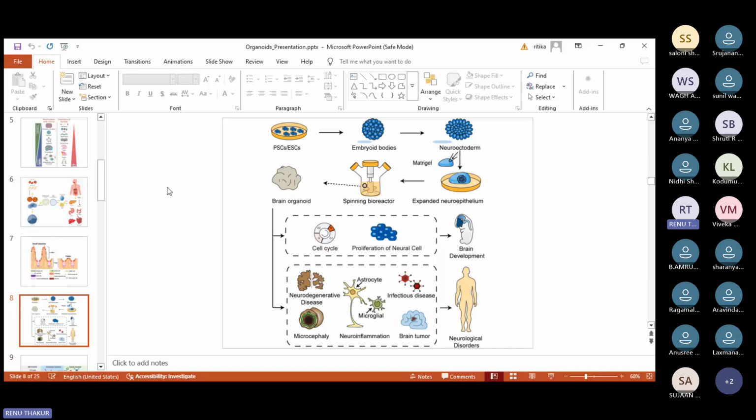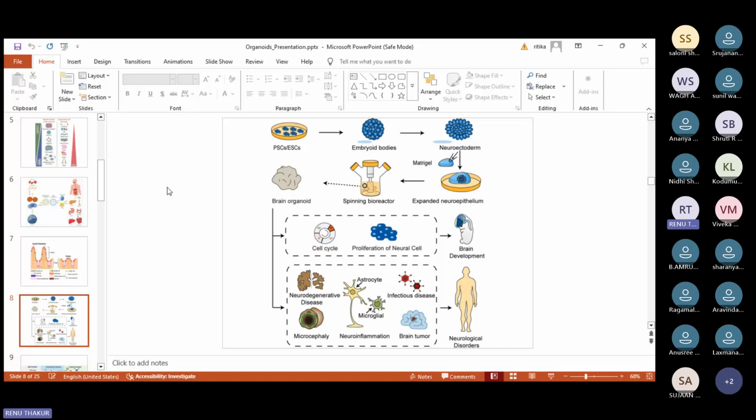Okay, so in both cases, the intestinal case and the brain case, you have seen so much difference in morphology, correct? We have lots of difference in the morphology of intestinal cells and brain cells. So the microenvironment which we provide to these pluripotent stem cells or induced pluripotent cells is very different to develop them into a brain or into a small intestine, correct?